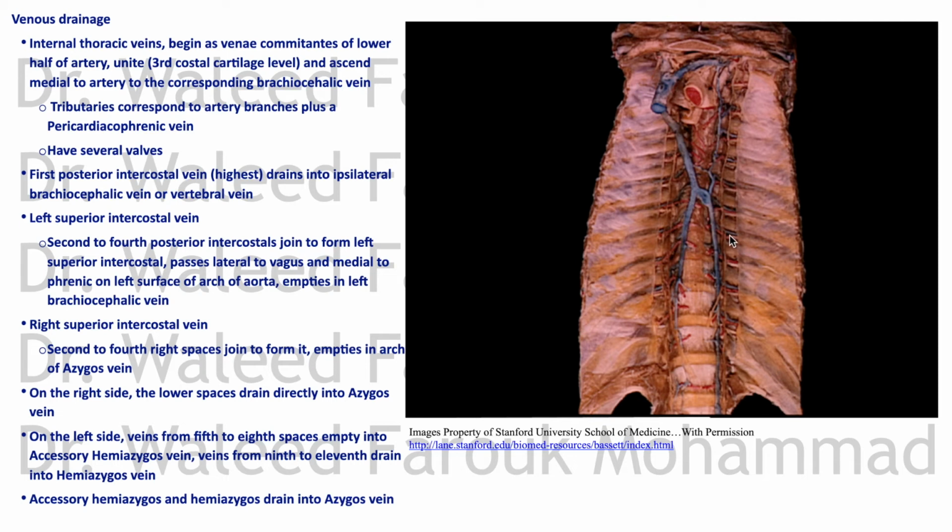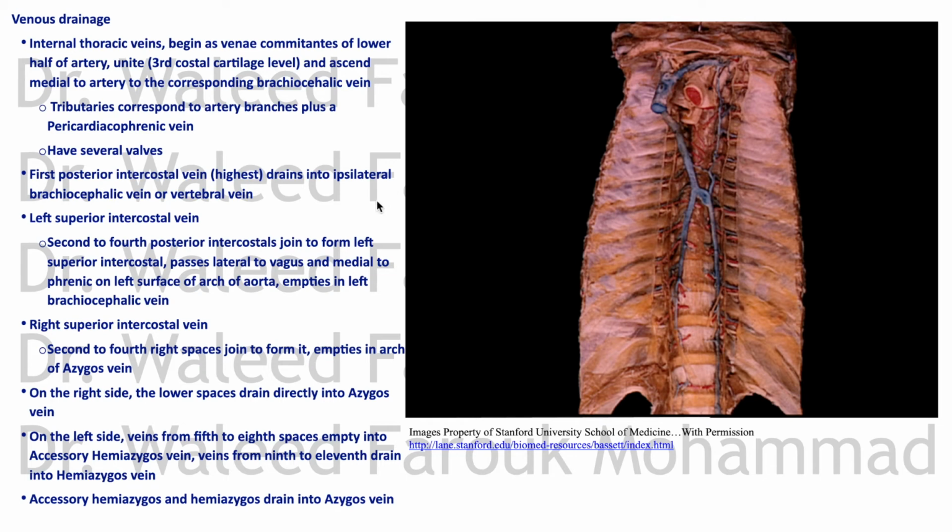And on the left side, below it drains into the hemiazygos system, and above drains into the accessory hemiazygos, but eventually both hemiazygos and accessory hemiazygos drain into the azygos vein. Now, please recall that the posterior intercostal vein and the anterior intercostals are above the arteries. The vein, the artery, then the nerve. The lowest is the nerve. Okay?